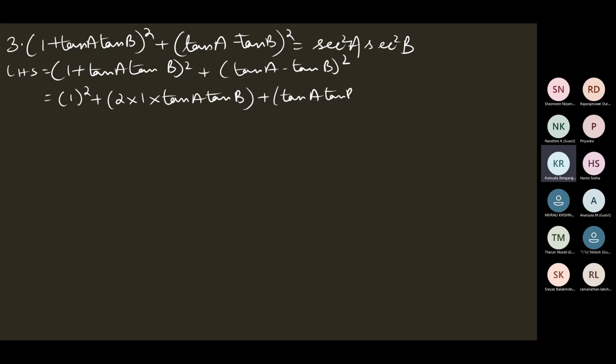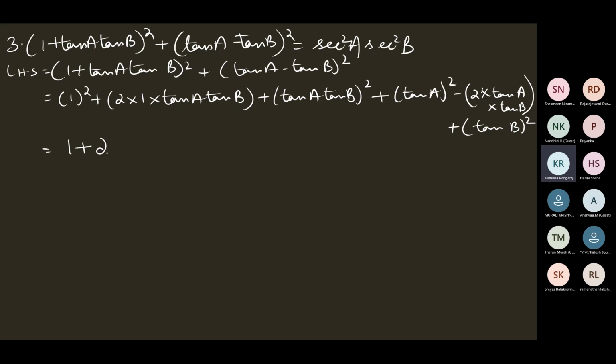Then (A minus B) the whole square is A square minus 2AB plus B square, so (tan A) the whole square minus 2 tan A tan B plus (tan B) the whole square. I don't have place, I've written it below: A square plus 2AB plus B square plus A square minus 2AB plus B square.